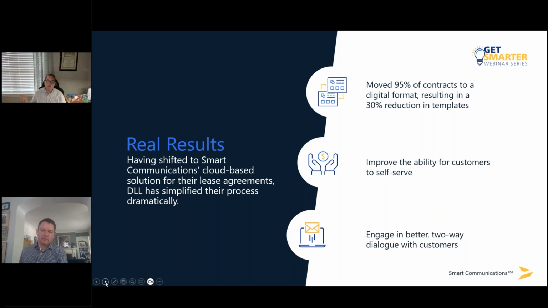This improved the ability for customers to self-serve as well. They no longer were reliant upon the customer service organization within that company to provide them with those contracts. And it also engaged in a better two-way dialogue with their customers. The types of communications were more digital and quicker, so you were able to enable a two-way dialogue with your customer.